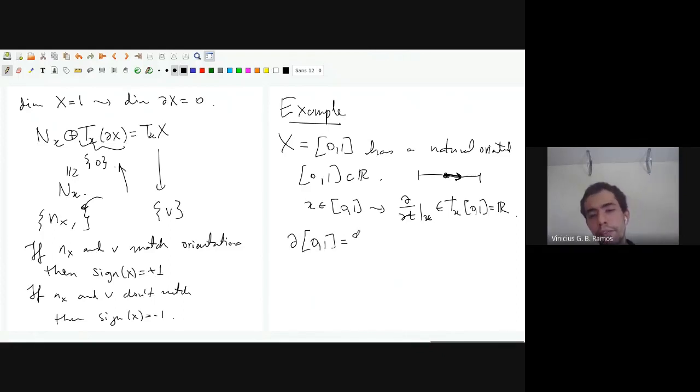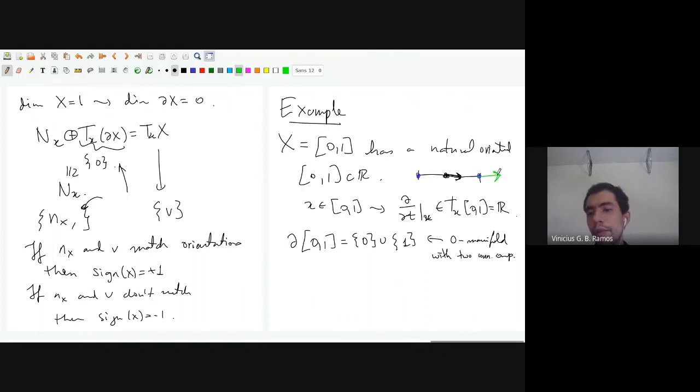So what is the boundary of the interval [0, 1]? Well, the boundary is the union of 2 points. It's 0 union 1. So this is a 0 manifold with 2 connected components. Okay. So now I can see what is the induced orientation on this manifold. To do that, I have to look at the normal vector field. So the normal vector field is just 2 normal vectors.